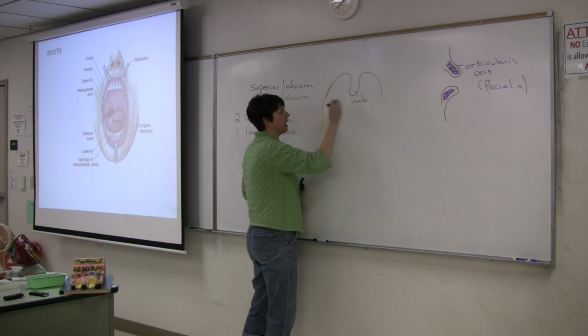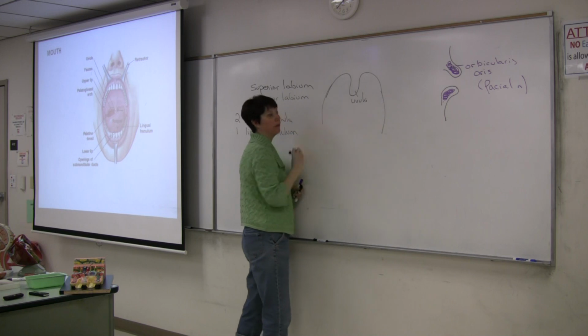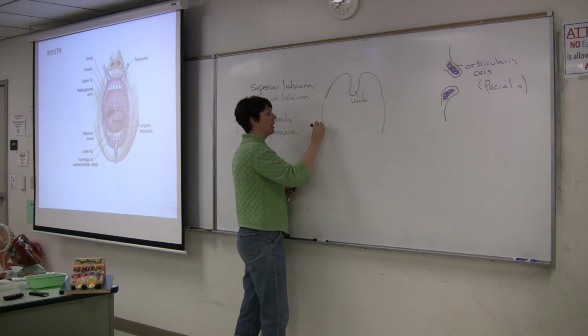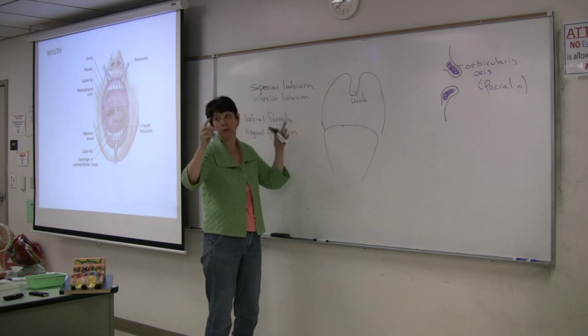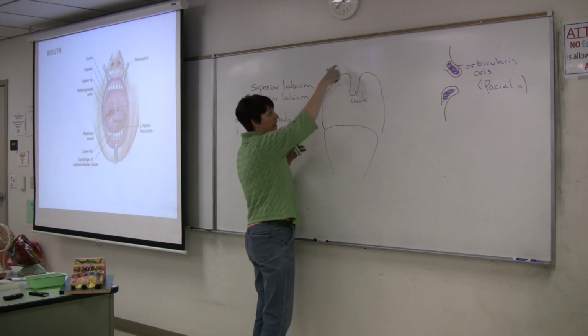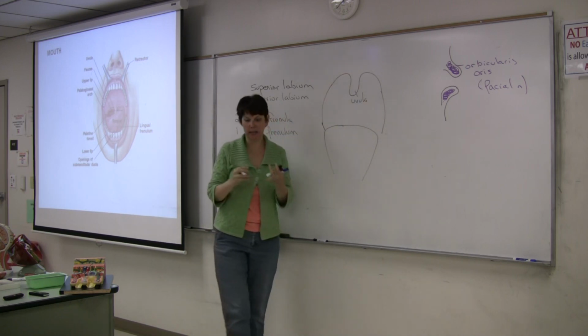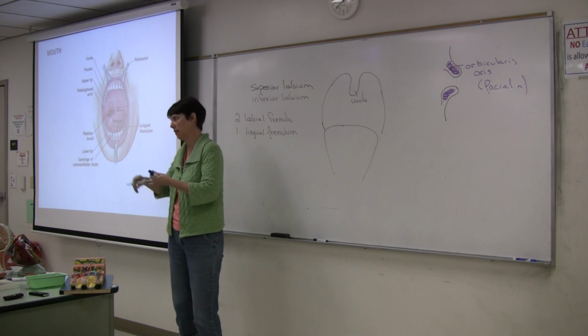There are two sets of muscles that come from the soft palate. One comes down to the tongue and forms a fold. The muscle will be deep to that. The two folds together form this arch. So sometimes it can be referred to as the arch, the muscle, or the fold.